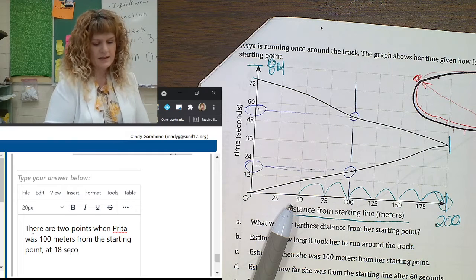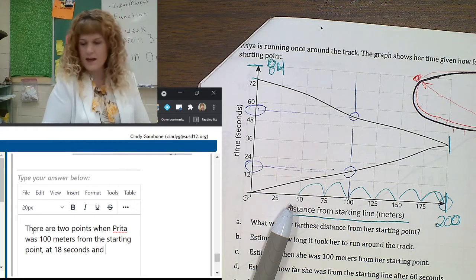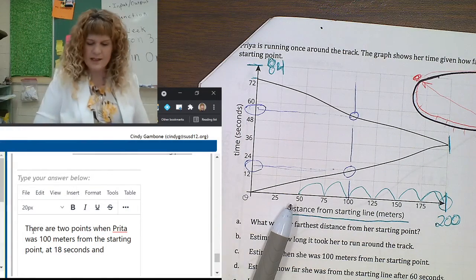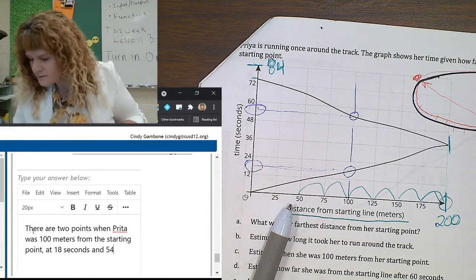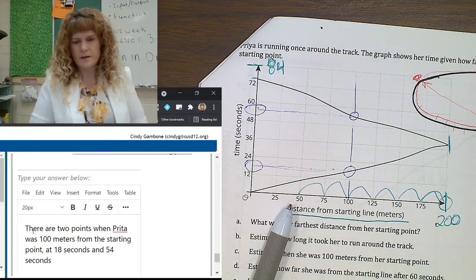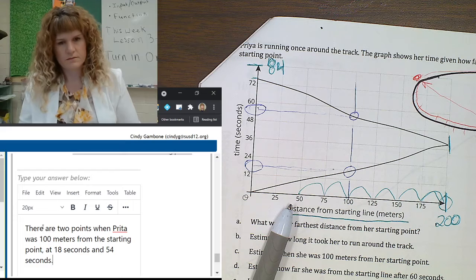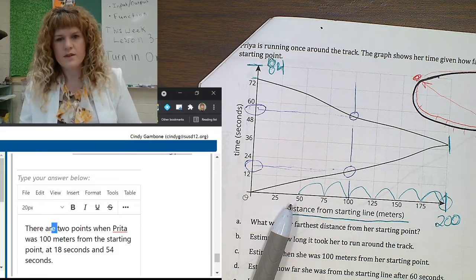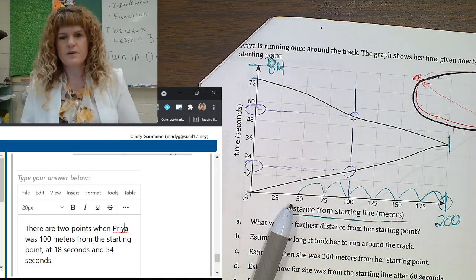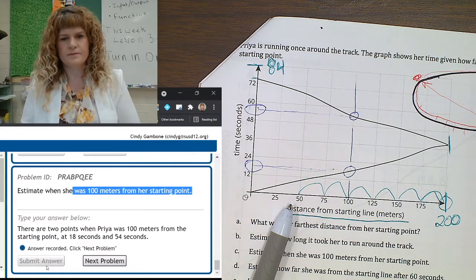At 18 seconds. And then my other estimate, 48, that must be about 54 seconds? I'm not sure. It's an estimate. There are 2 points when Priya was 100 meters from the starting point at 18 seconds and 54 seconds.